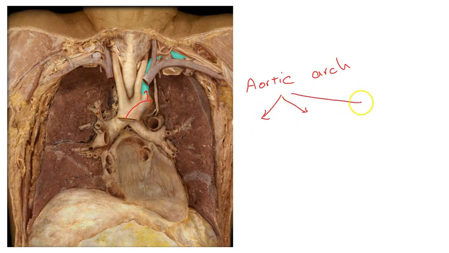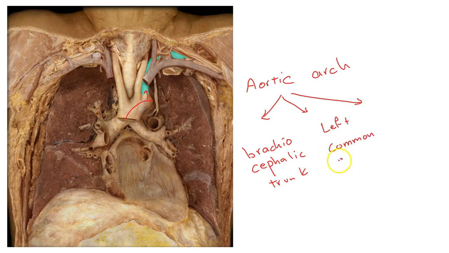From the right to the left, we have the brachiocephalic trunk. Then next one, we have the left common carotid artery. And then the last one is the left subclavian artery.